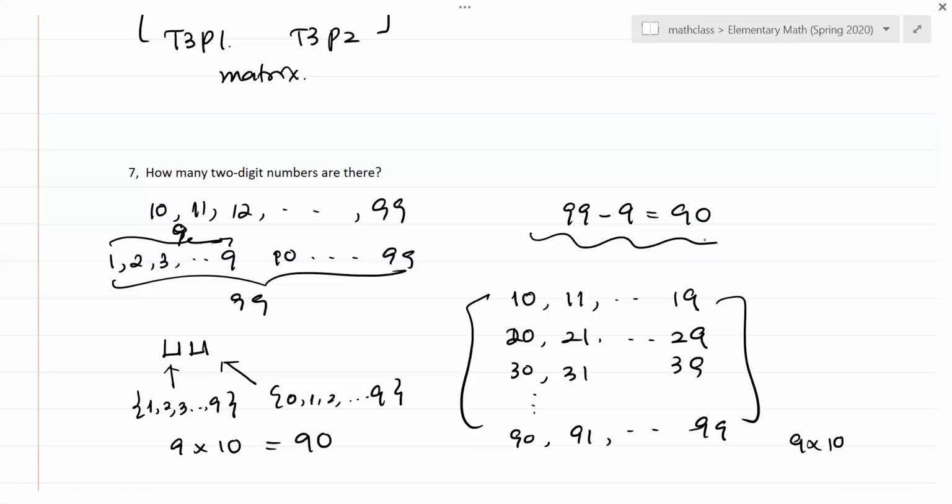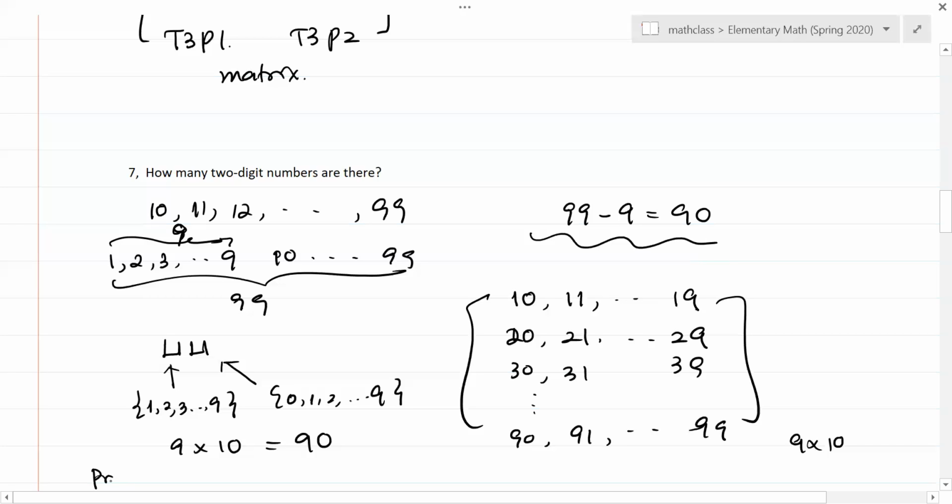Each step has a number of choices: 9 choices, 10 choices. So the total number of ways to write down the two-digit numbers will be 9 times 10. That's called the product rule in counting.